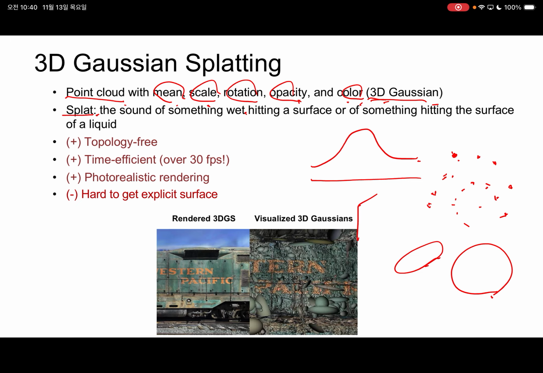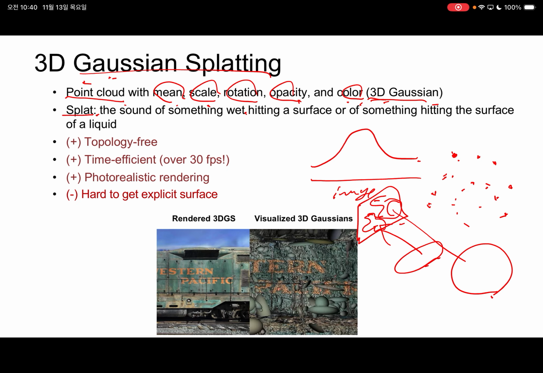Let's say this is the image plane, and we throw the 3D Gaussian, and there can be a splat sound, splat. That is why we call it 3D Gaussian splatting. We throw 3D Gaussians from the world coordinate system to image space, all the Gaussians are splatted to the image space, and then we combine them to get images. We splat Gaussians.